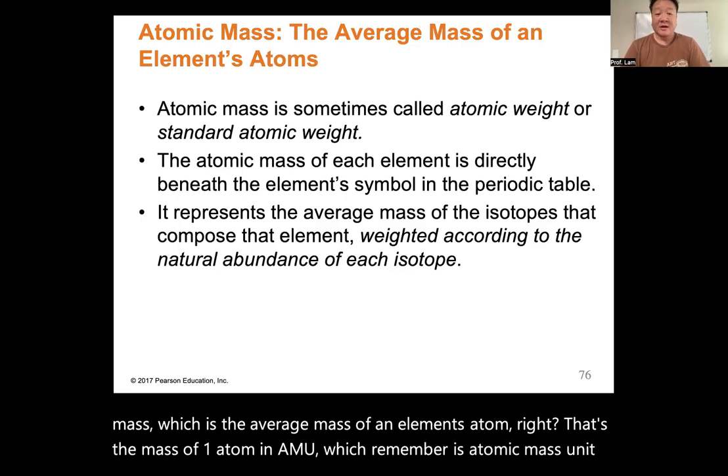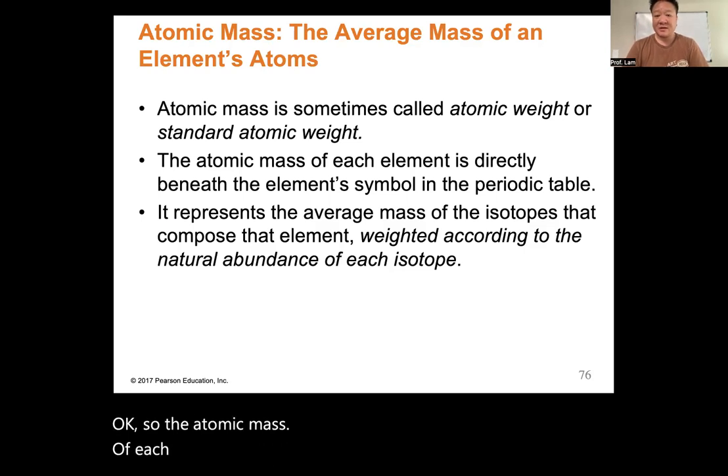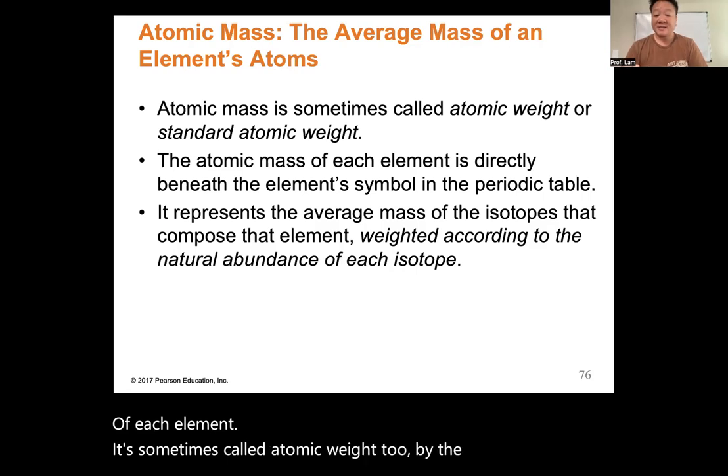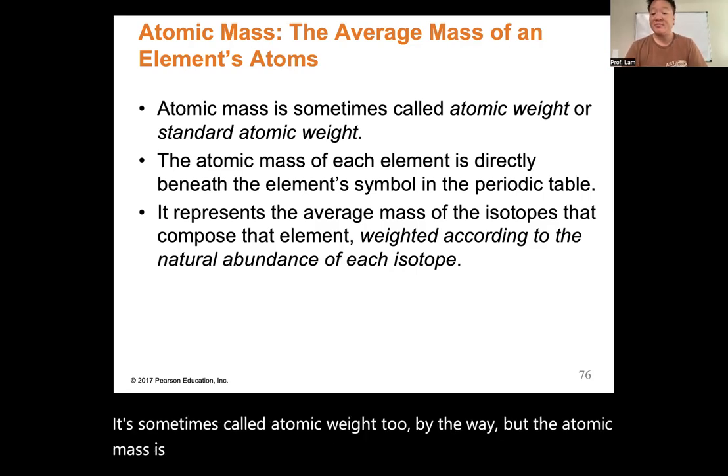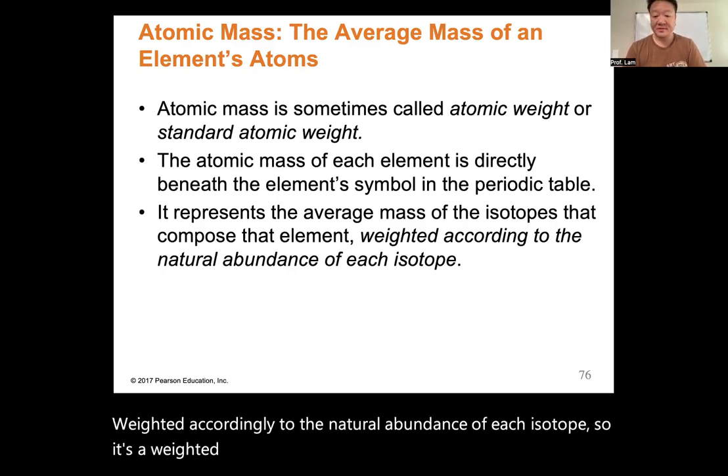It's sometimes called atomic weight too, by the way. But the atomic mass is calculated by taking the average mass of the isotopes weighted according to the natural abundance of each isotope. So it's a weighted average.